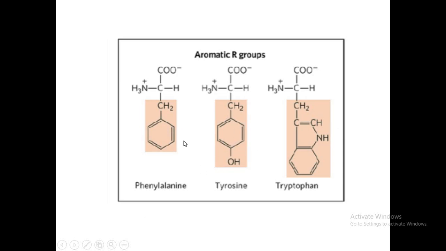And there are three types of these amino acids: phenylalanine, tyrosine and tryptophan. Tyrosine has a hydroxyl group in the side chain that confers various important biological functions, and the tryptophan indole ring in its side chain is also important for various biological activities of the protein.